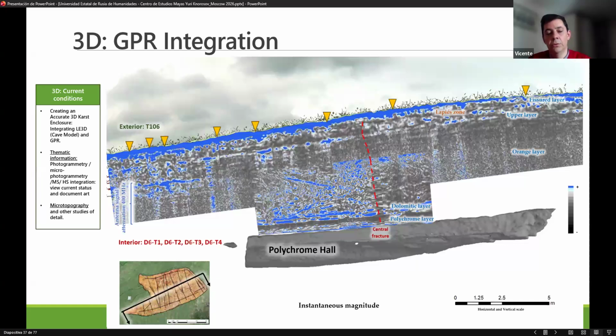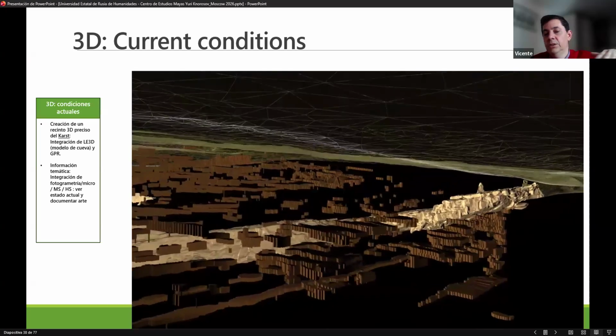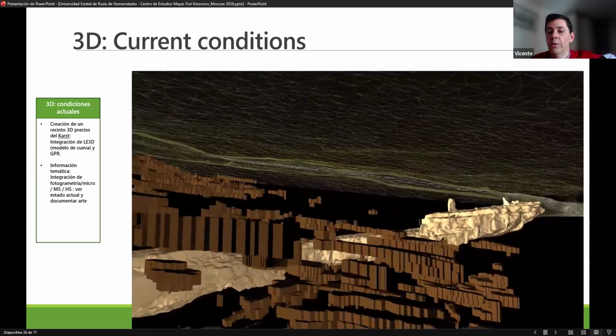So I will show you later in more detail, but this is what you can make with a GPR. If you take this information and put it in 3D, you can create 3D models and integrate them with the UAV exterior model and the 3D terrestrial laser scanner cave model.